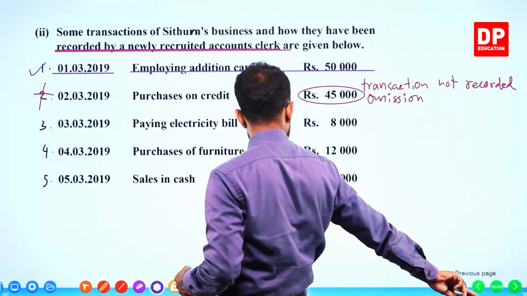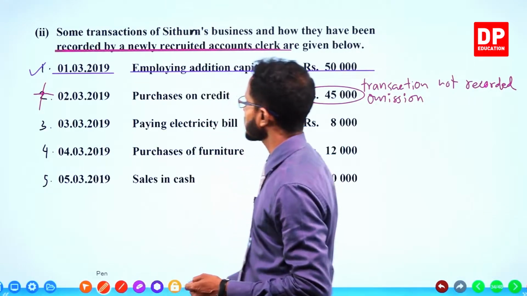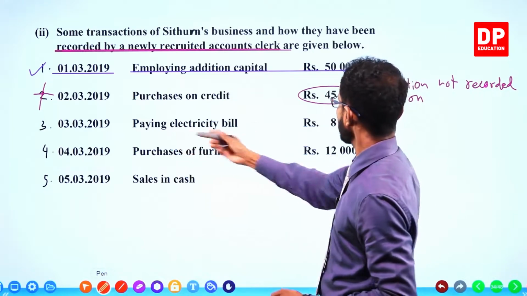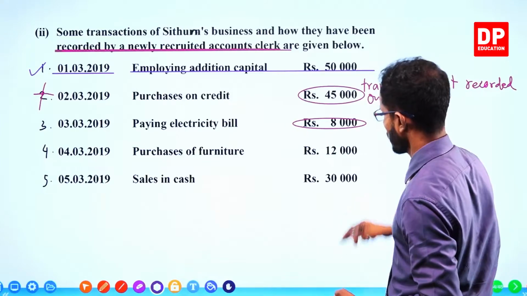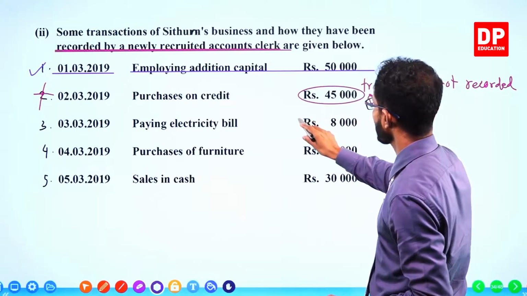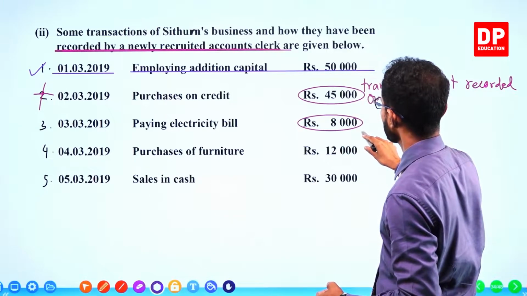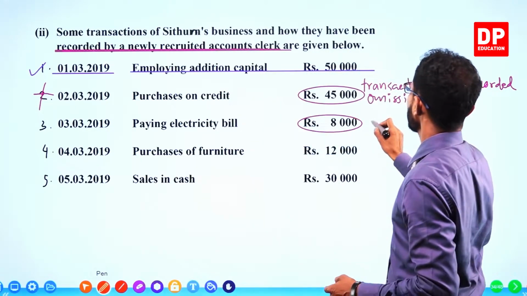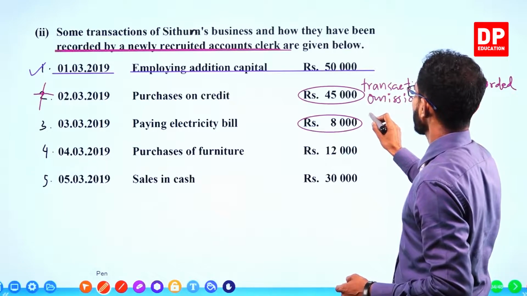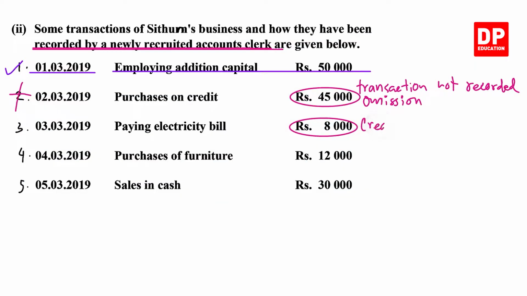So we can mention it here. There is an error here. This 8,000 is credited in electricity bill account.